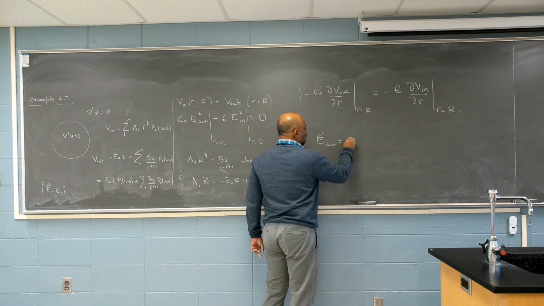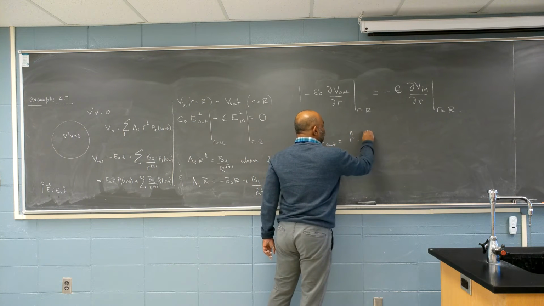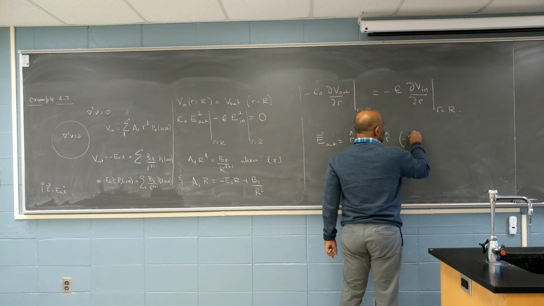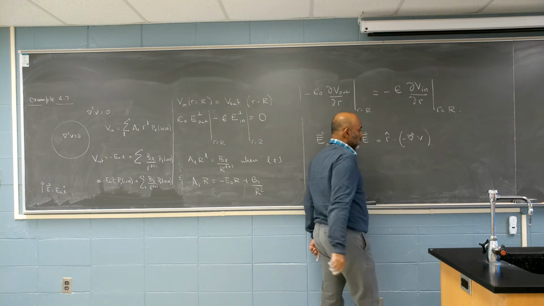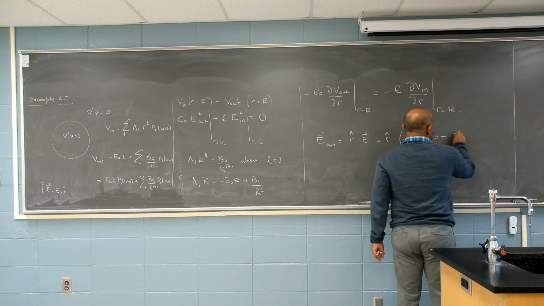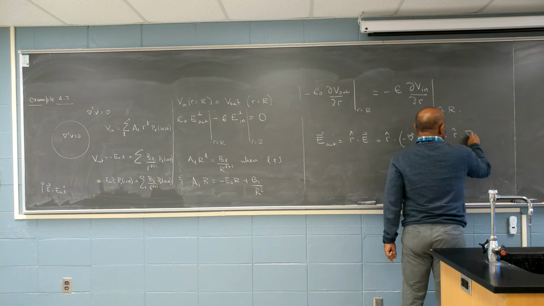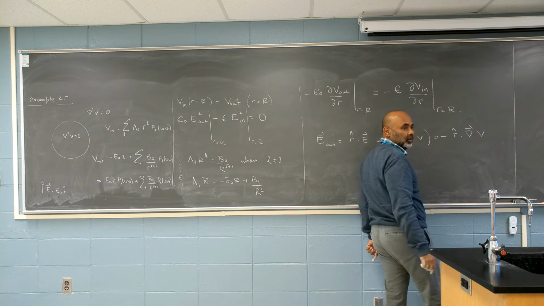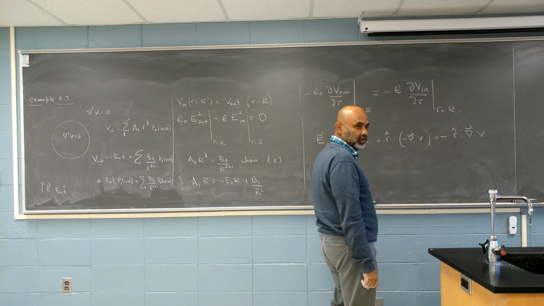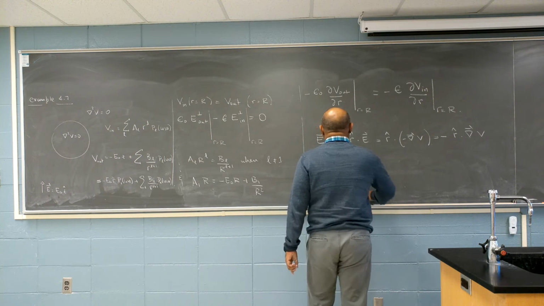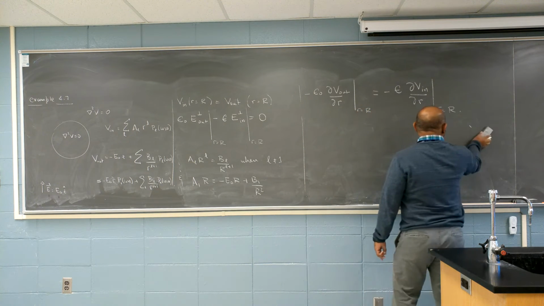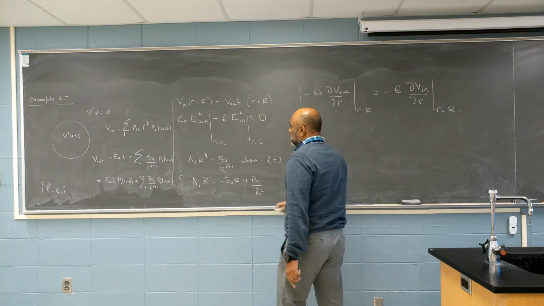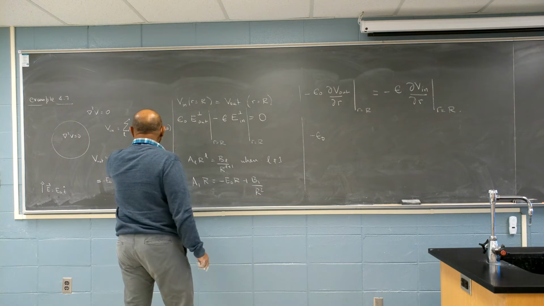E out is equal to r hat dot E, which is r hat dot negative gradient of V. So that is negative r hat dot gradient of V. When you look at the formula for this, this is dV dr for the gradient in the spherical coordinate system. That's how I got this expression. So minus epsilon naught. This is an easier one to do.